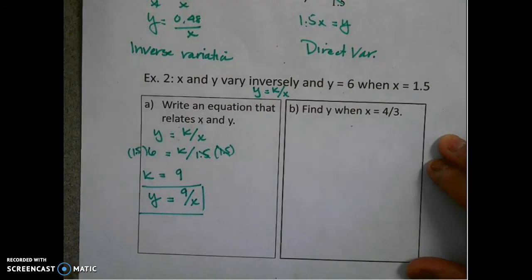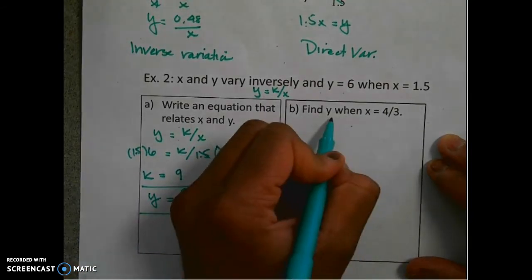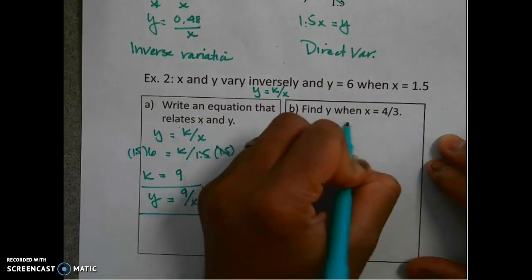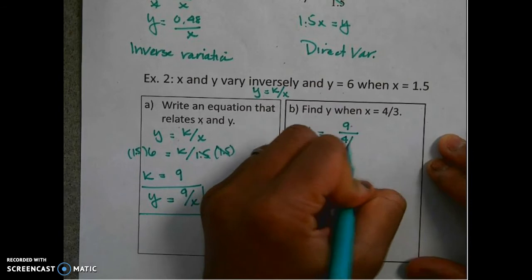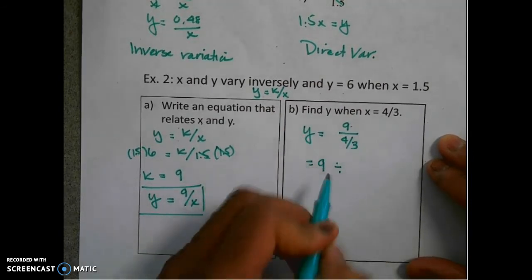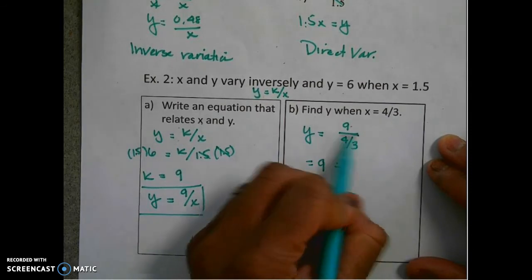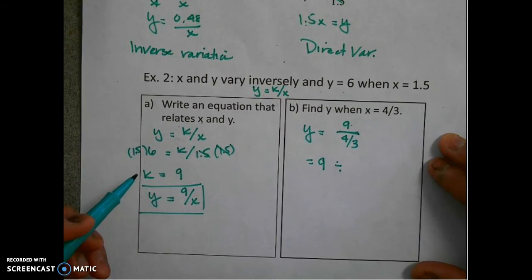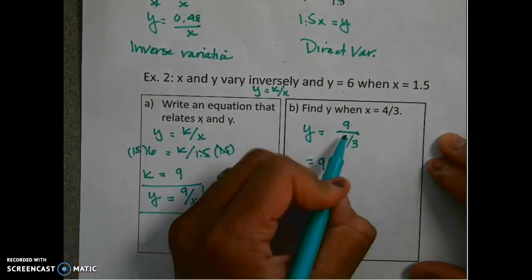And there you go. Next part, for part B, they would like for me to find the value of y given the x. So a fraction over a fraction could be confusing. But please remember that the fraction bar means division.